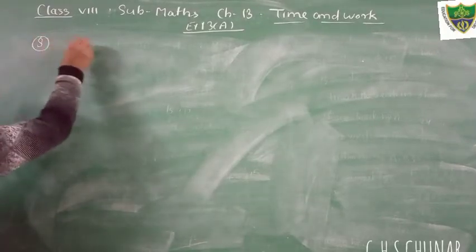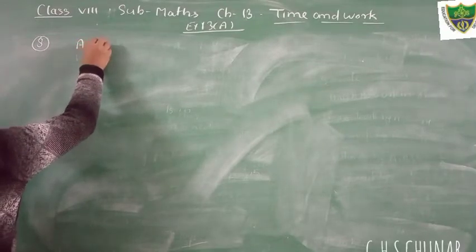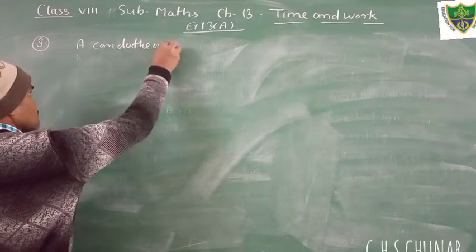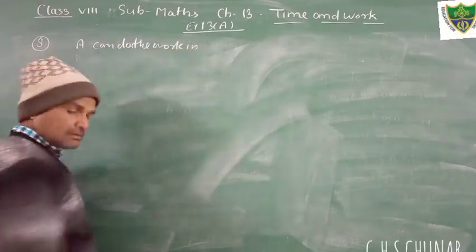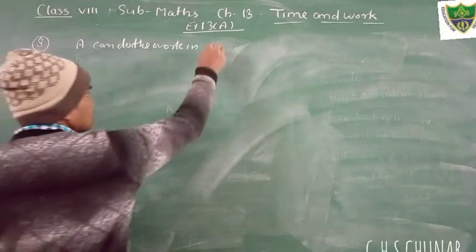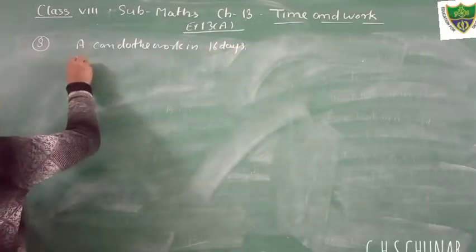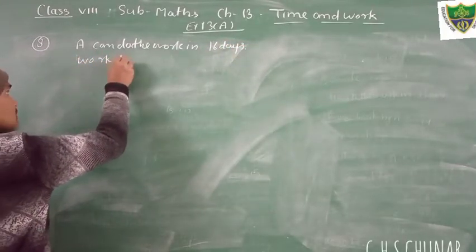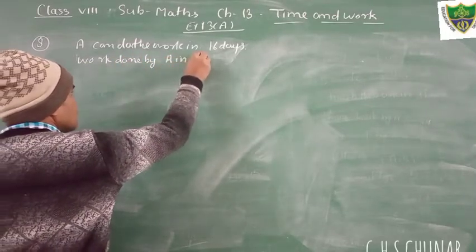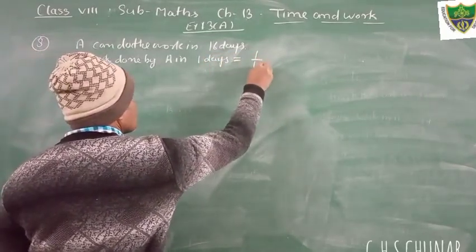Now, A can do the work in how many days? That is 16 days. Then work done by A in 1 day is 1 upon 16.